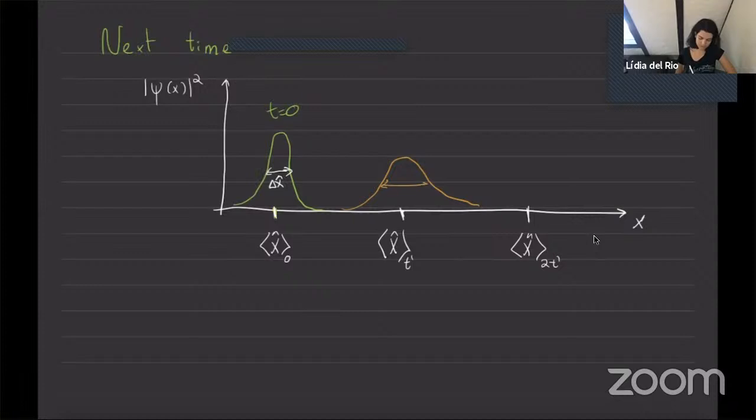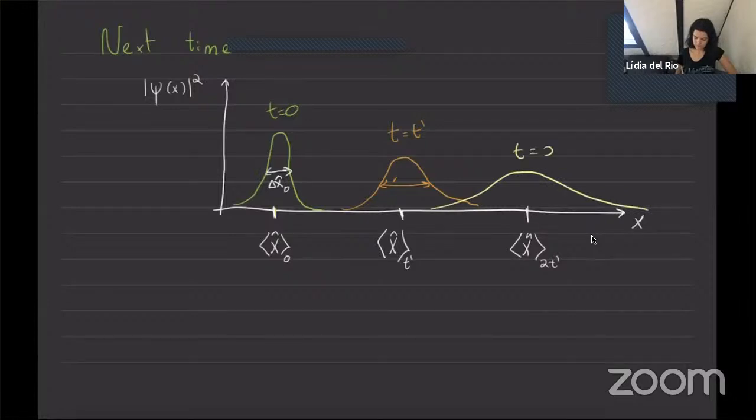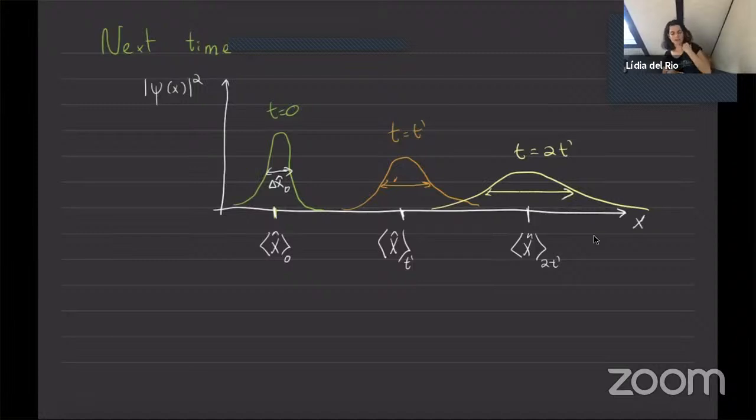So this was at time 0, and this is going to be t prime. And at some later time, it's going to be even wider. So we're going to compute these things in the next lecture and tutorial.